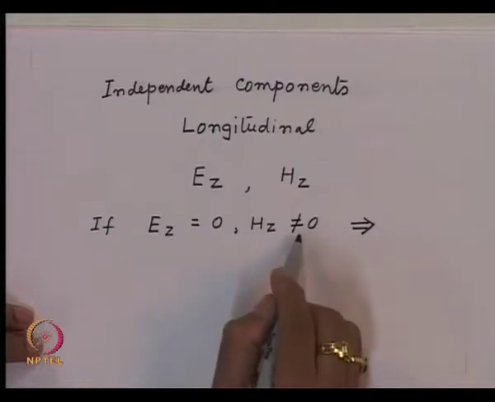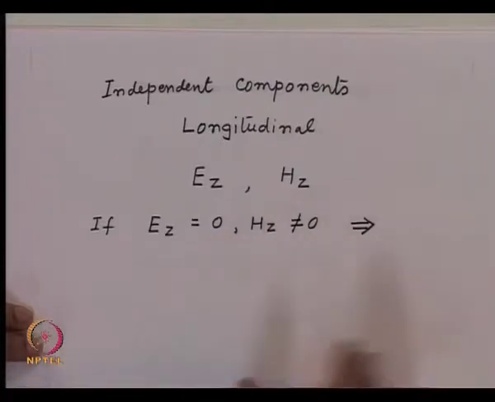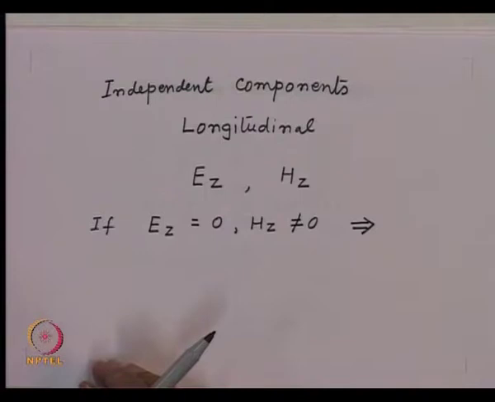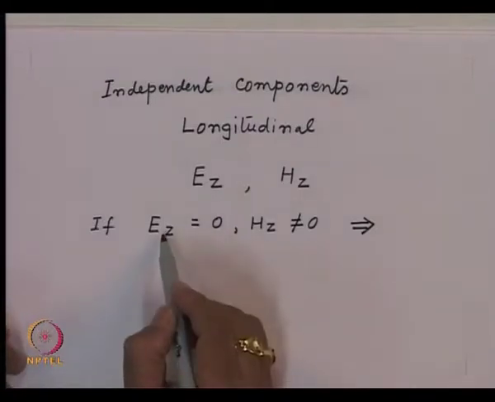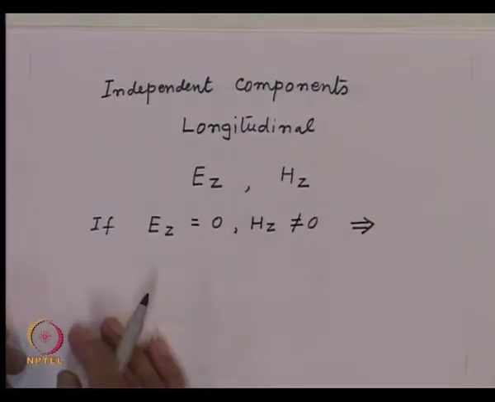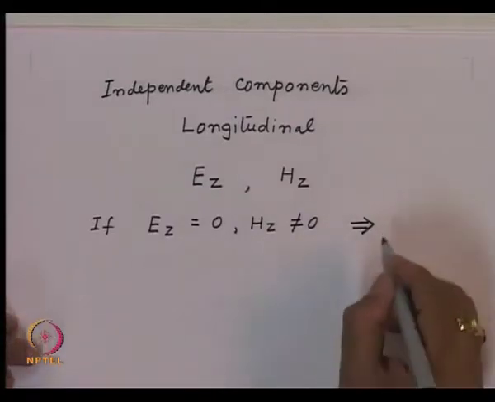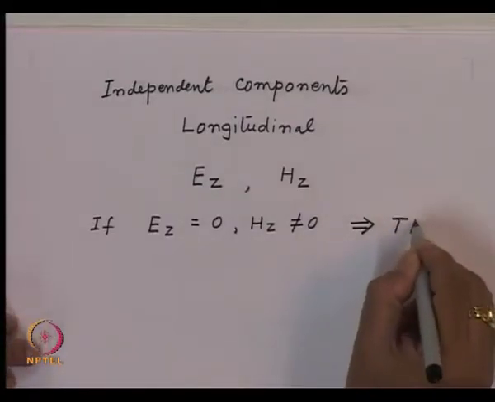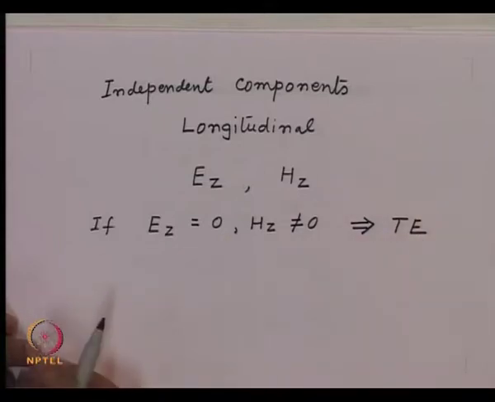That means we have a component of magnetic field in the direction of the net propagation along the axis of the fiber, but there is no electric field component in the direction of net propagation. So, we call this mode the transverse electric mode, same as what we saw from the ray model, that there is a possibility of finding rays which could give the electric field which will remain always transverse to the direction of net propagation.